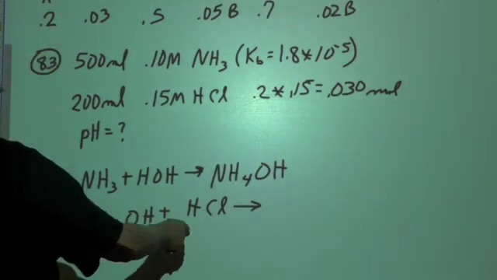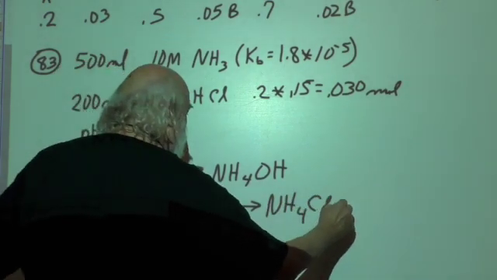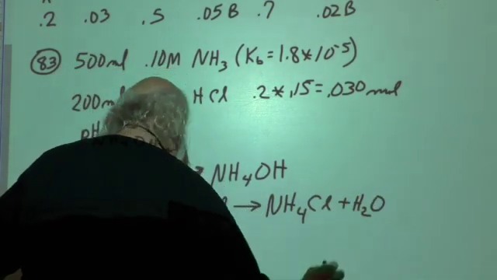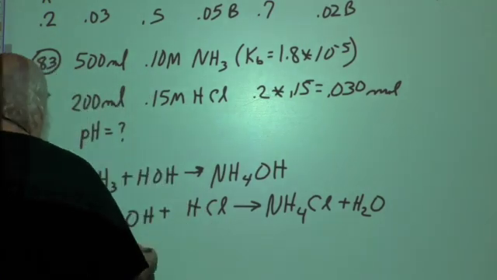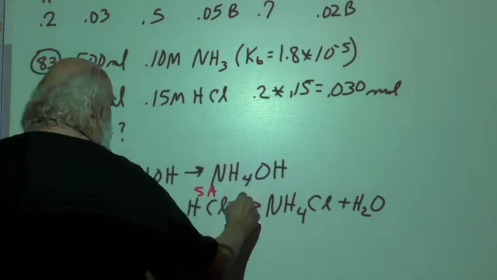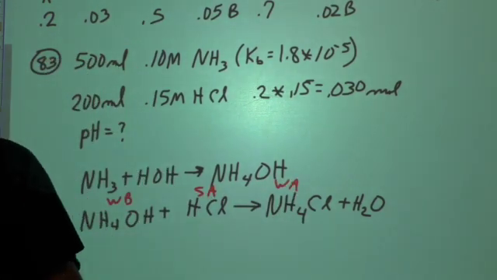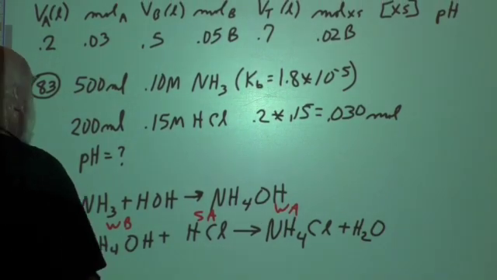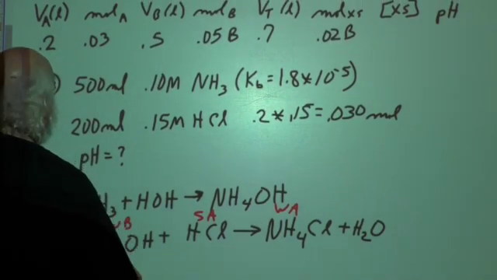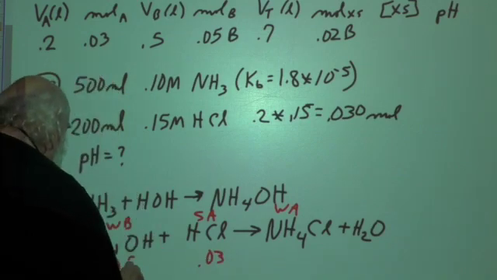The NH4 and the H are going to switch around. You got NH4Cl plus H2O. So this is your weak base, this is your strong acid, this is your weak acid conjugate here. Okay, so we've got 0.03 here of the acid, we got 0.05 of the base.